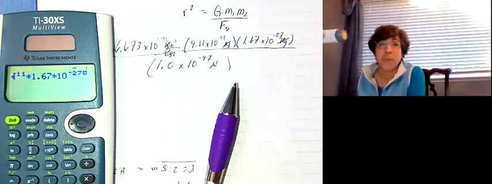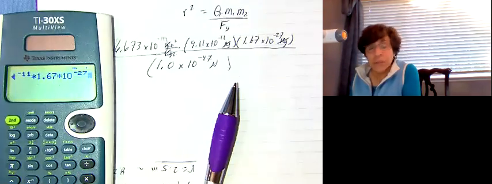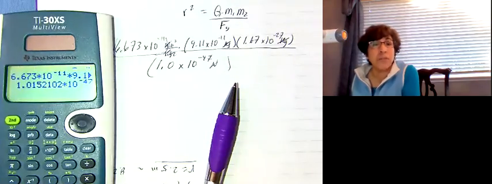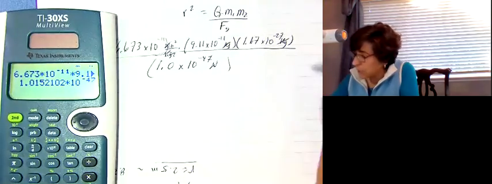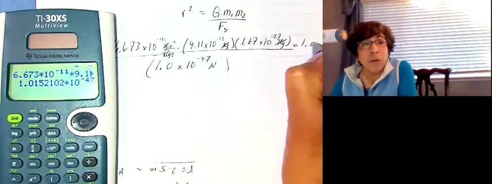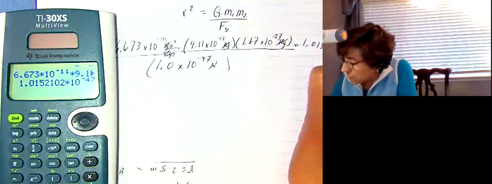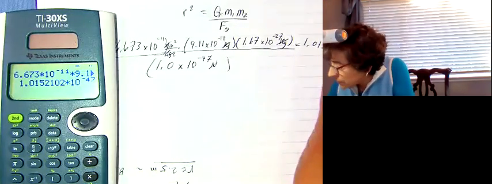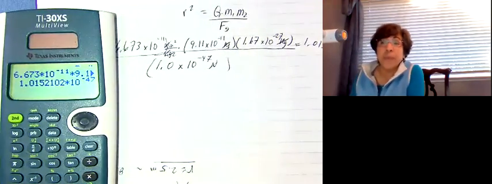All right, I'm just going to stop there. There's my numerator, bring it down and enter. Okay, so that's my big numerator, a huge thing. Just in case, I'll write it down. 1.0152 blah, blah, blah times 10 to the negative 47.